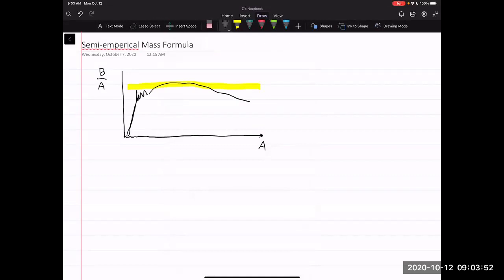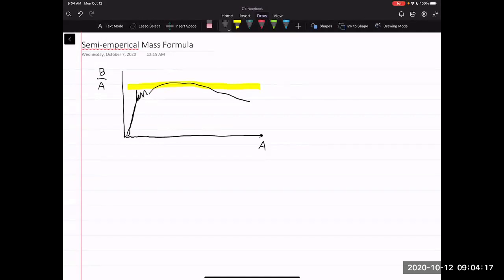If we just stop here, then every time we need the binding energies, we can look them up in the chart of nuclides, which we can do, but it doesn't provide us much understanding. So the follow-up question is, can we come up with a theory to describe this curve?